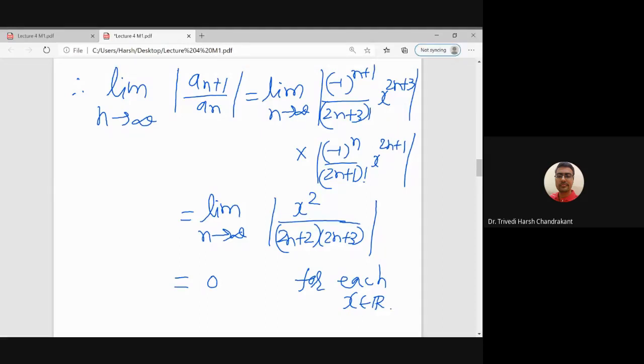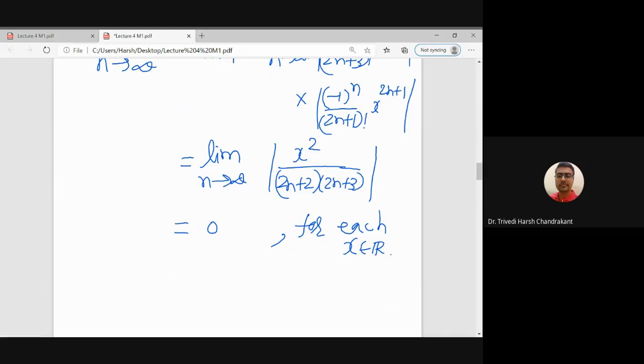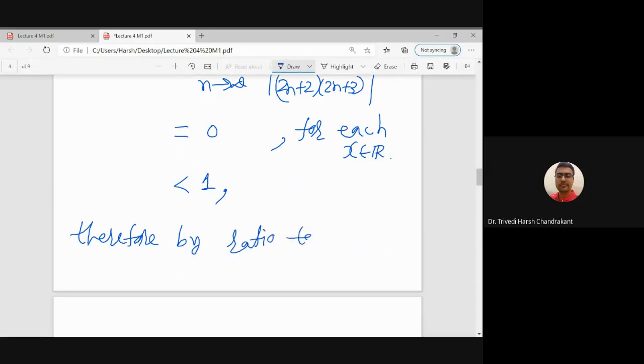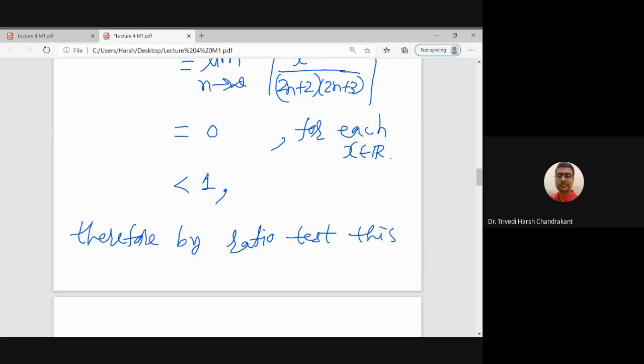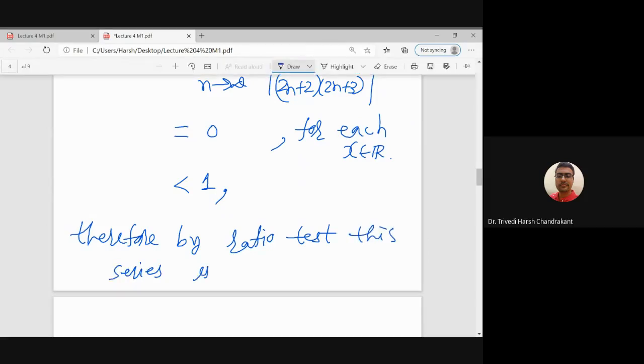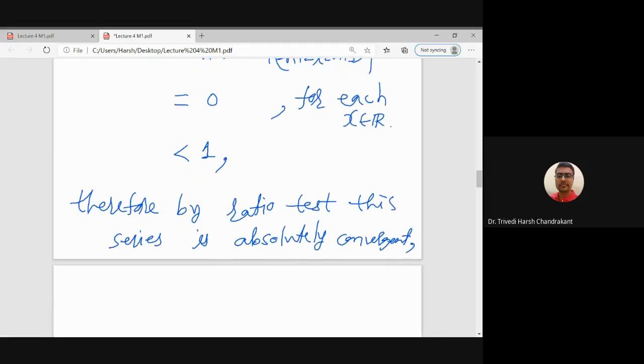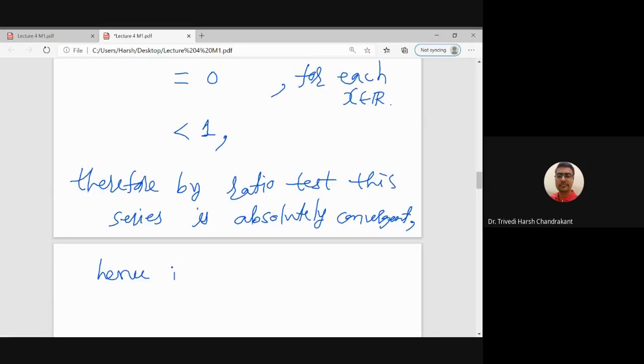And then we know that in the ratio test, whenever the limit is less than 1, therefore, by the ratio test, this series is absolutely convergent. And since it is absolutely convergent, hence it is also convergent.